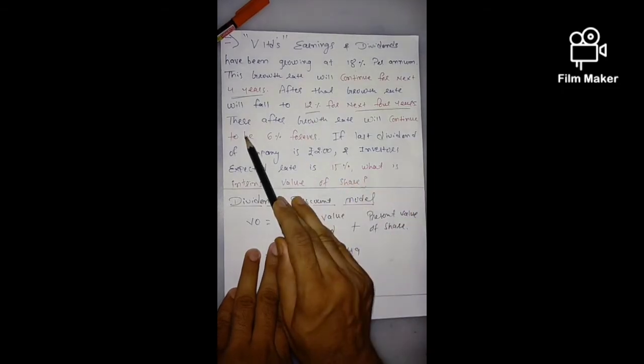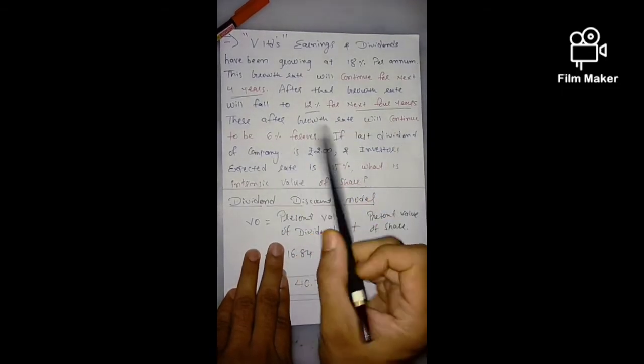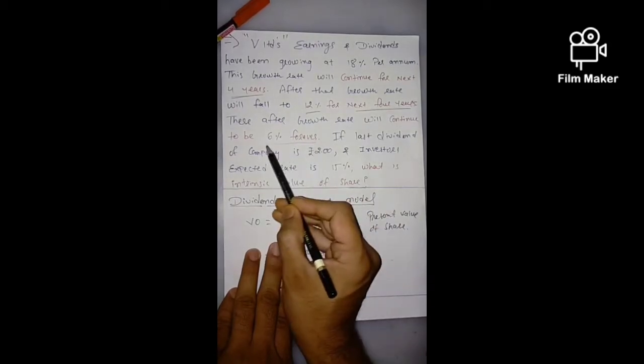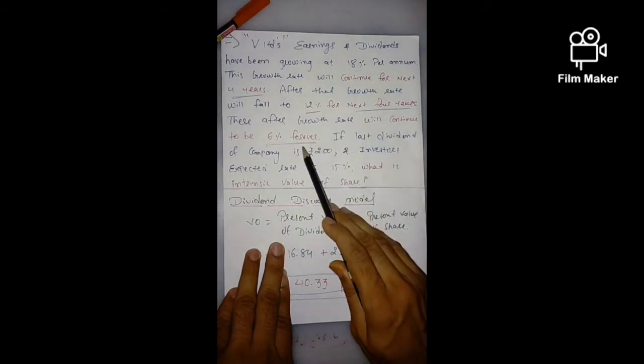And thereafter, the growth rate of the company will be constant at 6% forever. So after 8 years, the growth rate of earnings and dividend will be constant at 6% forever.